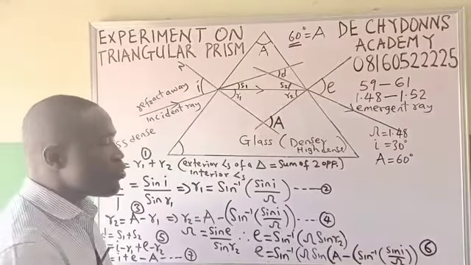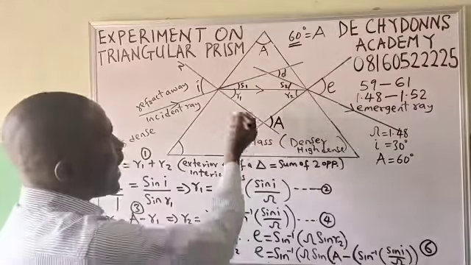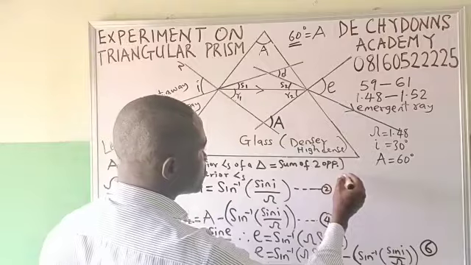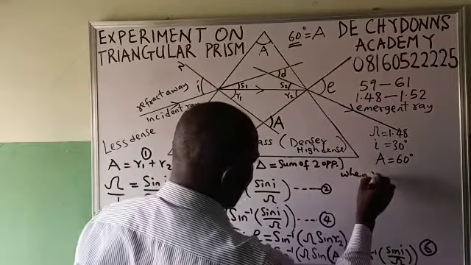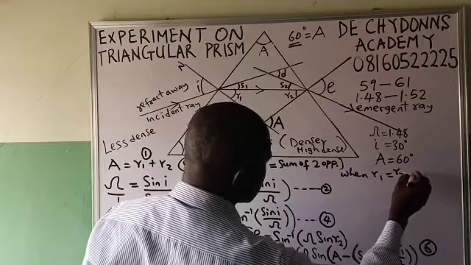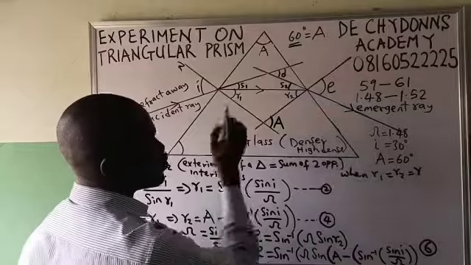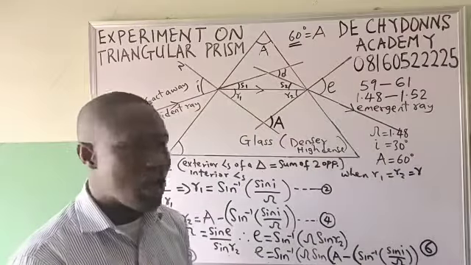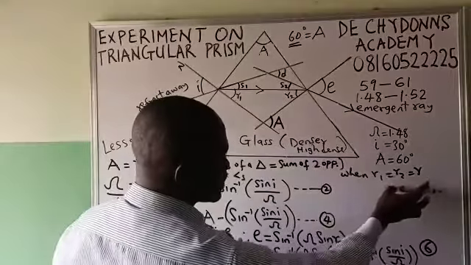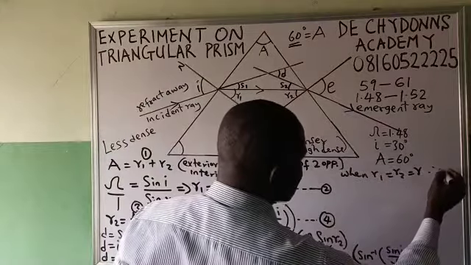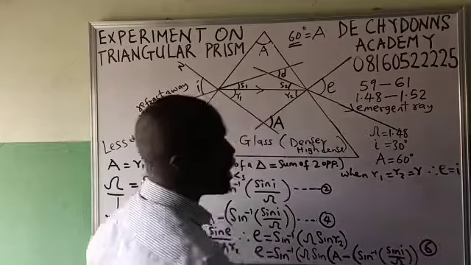For equation 8, you have to consider a special case where R1 is equal to R2. When R1 equals R2, call both of them R. Don't put 1 or 2 on any of them because they are equal. In that case, E, the emergent angle, will be equal to the incident angle.